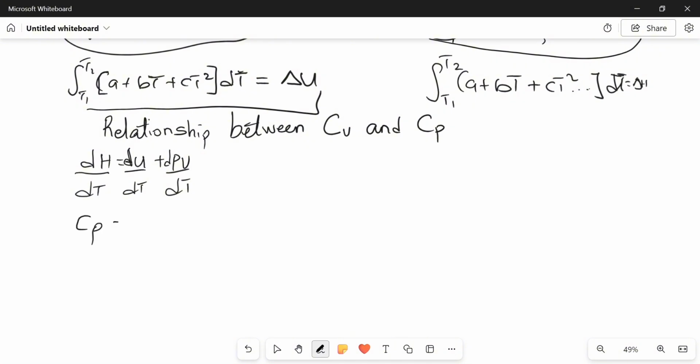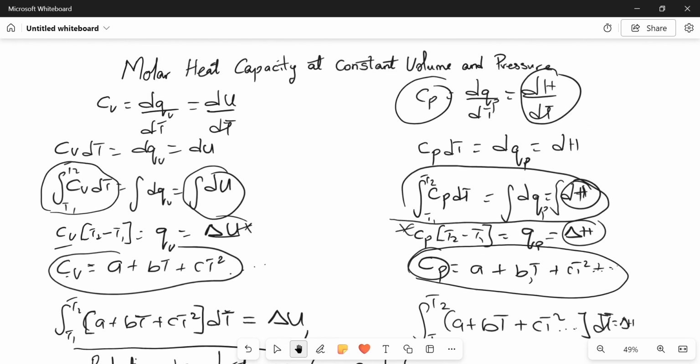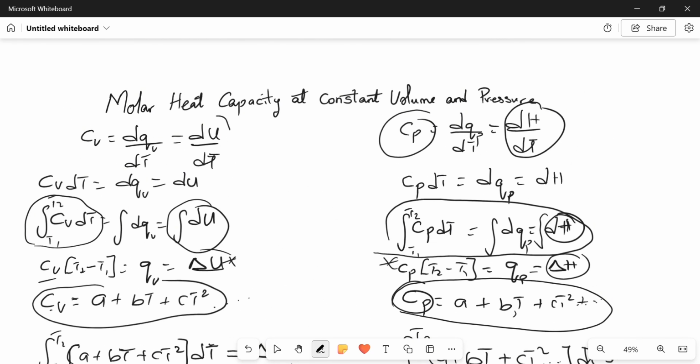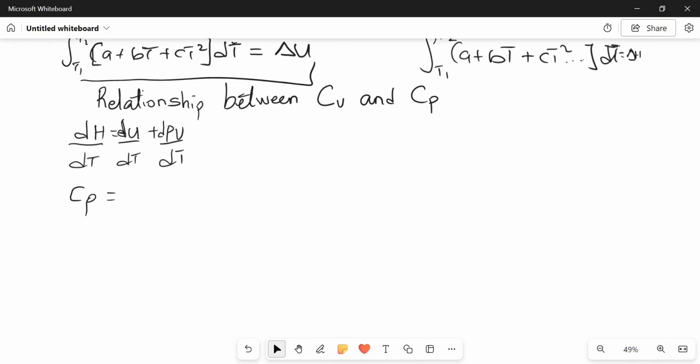Cp is equal to, now our del U over dt is actually equal to what? Cv. So we can replace this as our Cv, plus now we have del PV over dt.